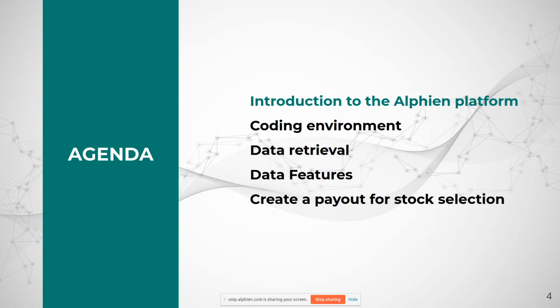From there we will move on to how we retrieve data for this competition, and then how we use the data features function in order to subset the data and have nice visuals around it. Lastly, we will talk about how we create a payout for stock selection, and this is mostly going to be about giving you some hints and ideas about how to structure this, but we won't be doing any code during that section. So let's get started with the introduction.